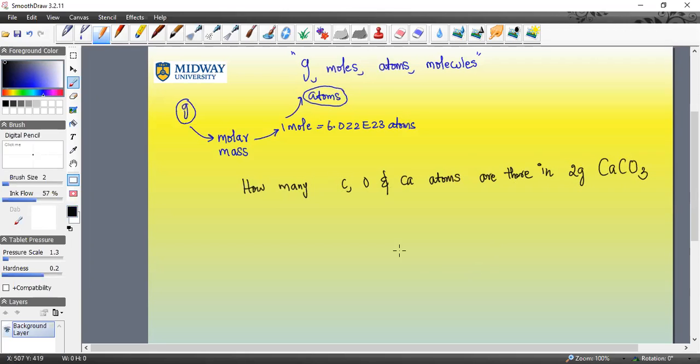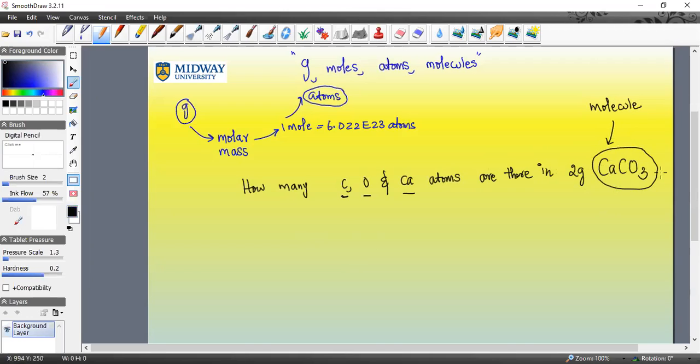Now, we want to know how many carbon, how many oxygen, how many calcium atoms are there in 2 grams of calcium carbonate. Now this right here is a molecule. So there is only a slight difference, but I'll point that out to you very quickly.